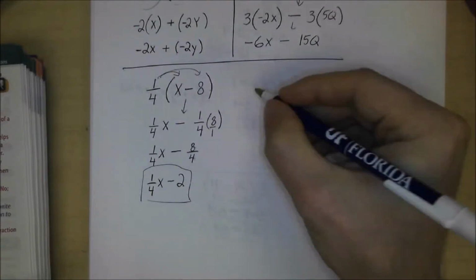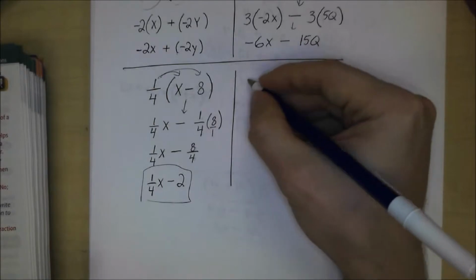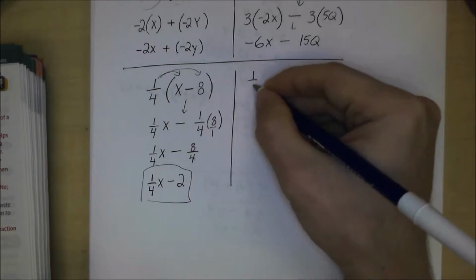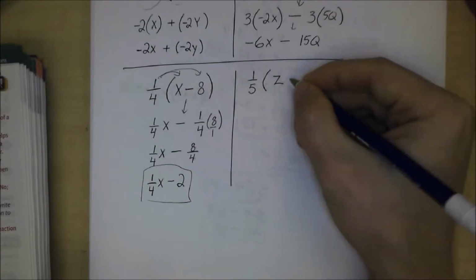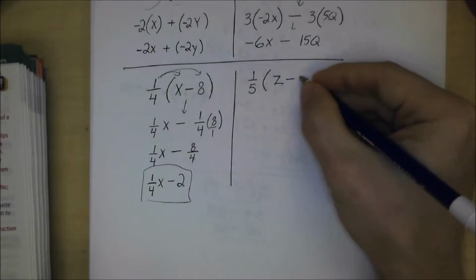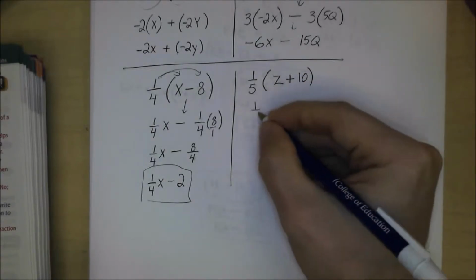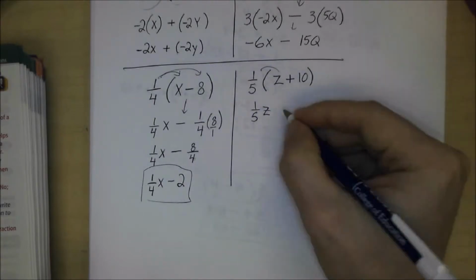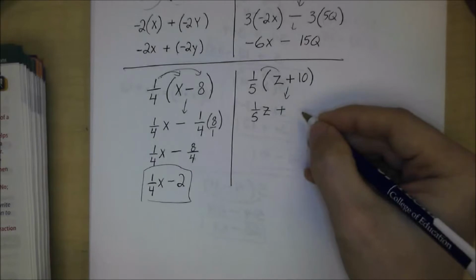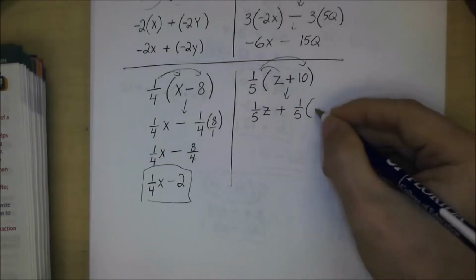I'll show you another example. One-fifth times z plus 10. So I've got 1/5 z, that was my first term, plus 1/5 times 10.